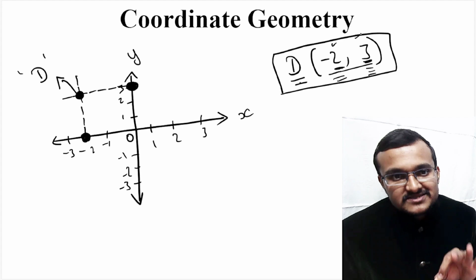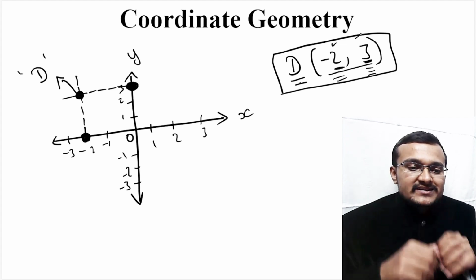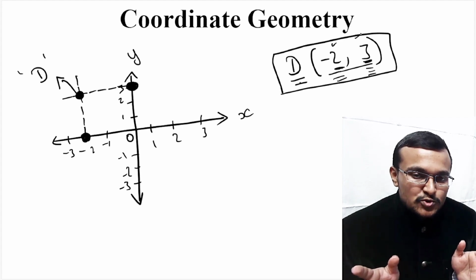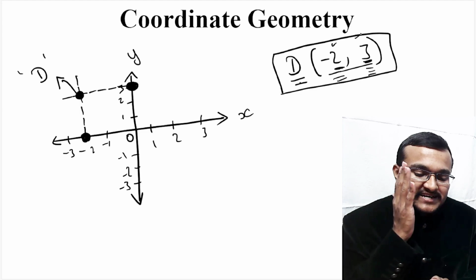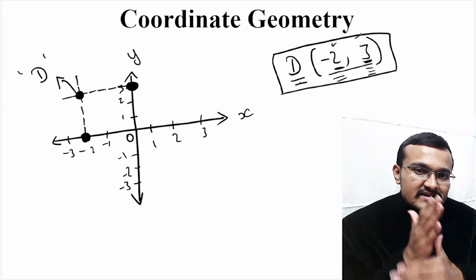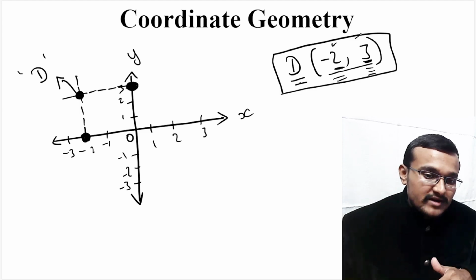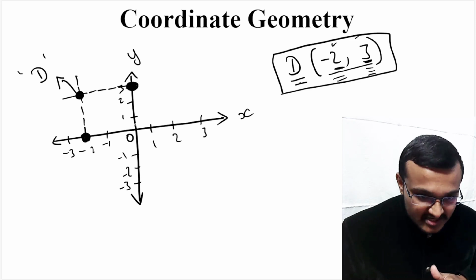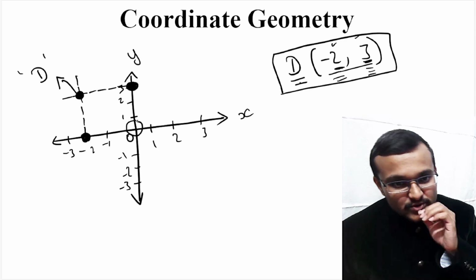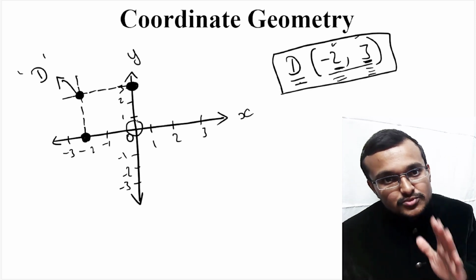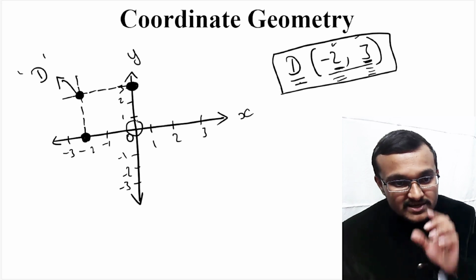So the whole point is, if a particular point is anywhere on a two-dimensional surface, you can straight away put a Cartesian system. You can put this origin randomly and start locating the position of the point with respect to that origin.